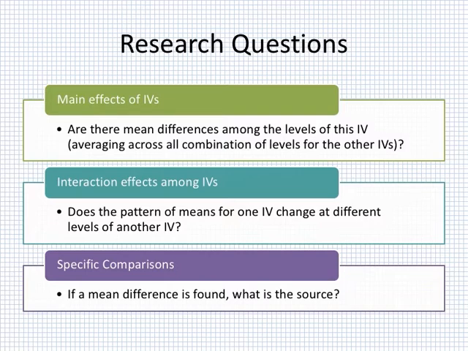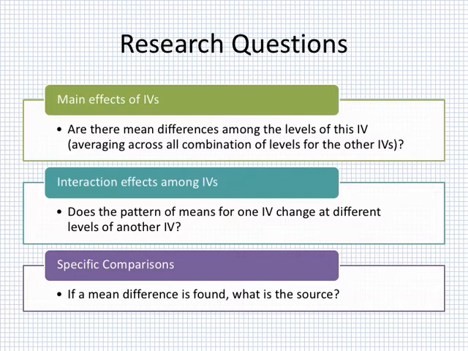I don't know if you talked about interaction in regression. No, okay. But I bet you talked about moderation, right? Moderation effect, moderator variable. Okay, so a moderator is actually an interaction. It's the same statistical concept, interaction.